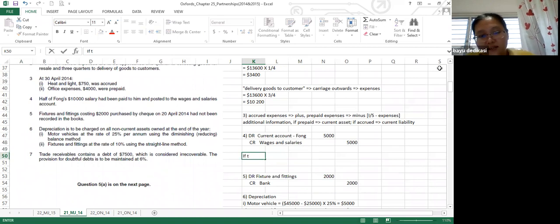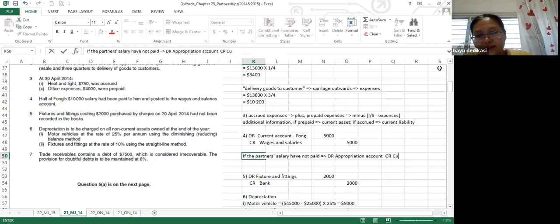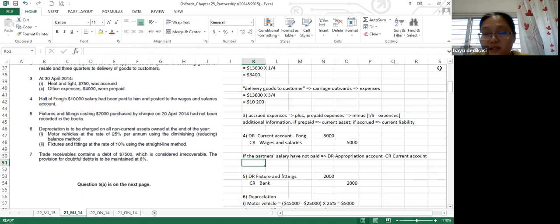If the partner salary has not been paid, this double entry will be debit appropriation account and credit current account. This is when we didn't pay.